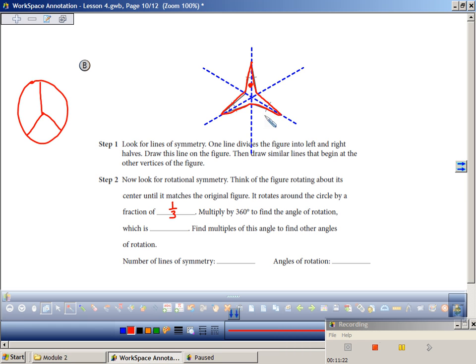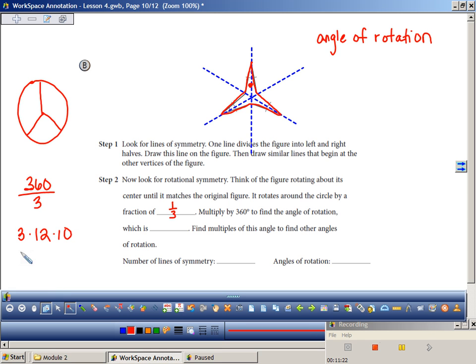So Alex said what the angle of rotation was. Did you guys hear? How did you figure that one out, Alex? I divided 360 by 3, 1/3. Isn't that also 3 times 12 times 10?